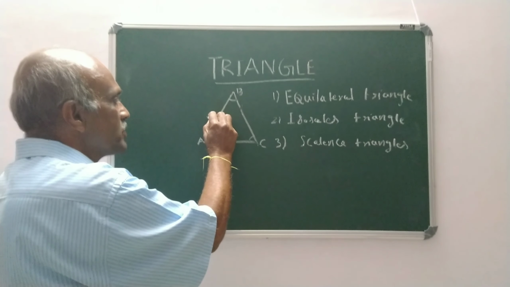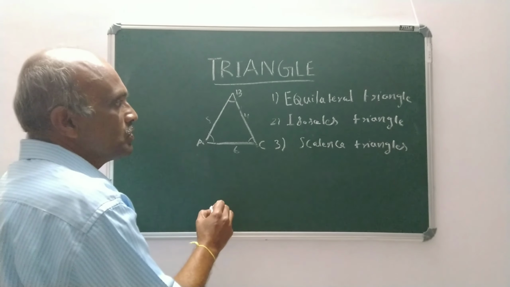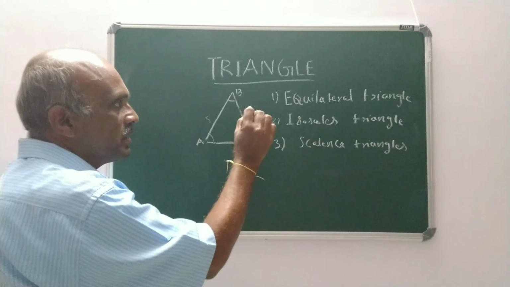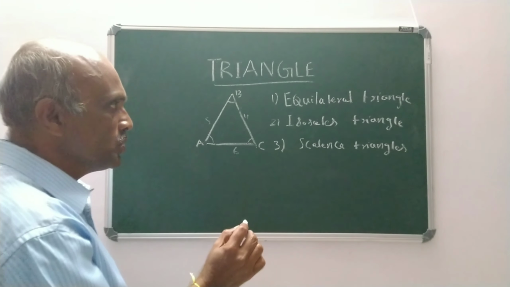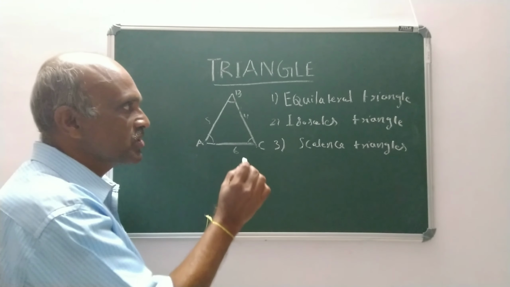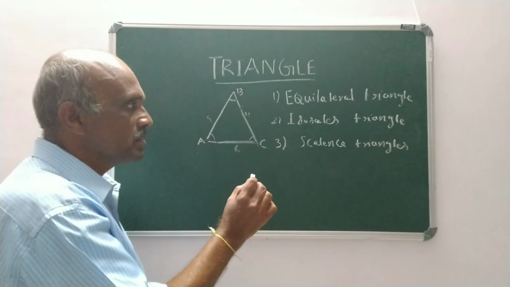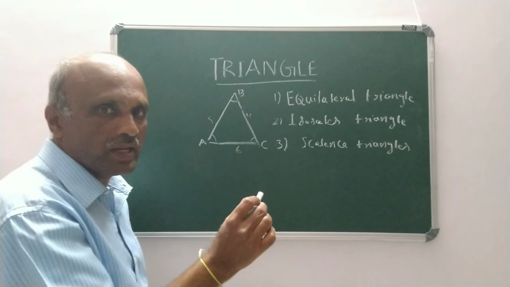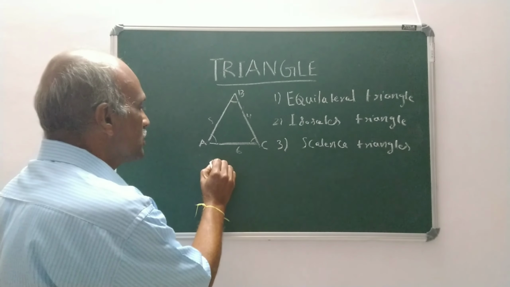For example, this is 5 centimeters, another will be 4, another will be 6, like this. So these are the different types of triangles. Once you know the definition of a triangle and the types of triangles, now we'll move on to the next topic, that is to find the area of a triangle.